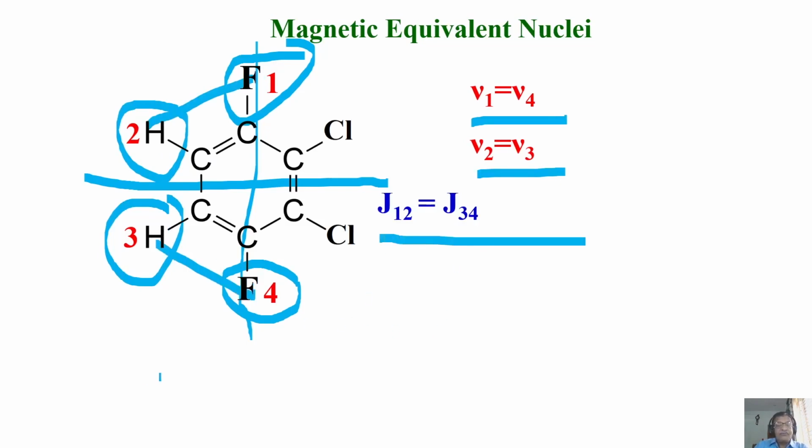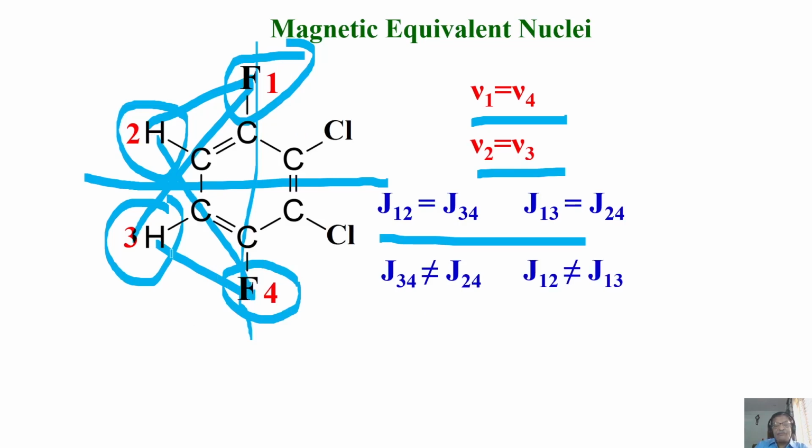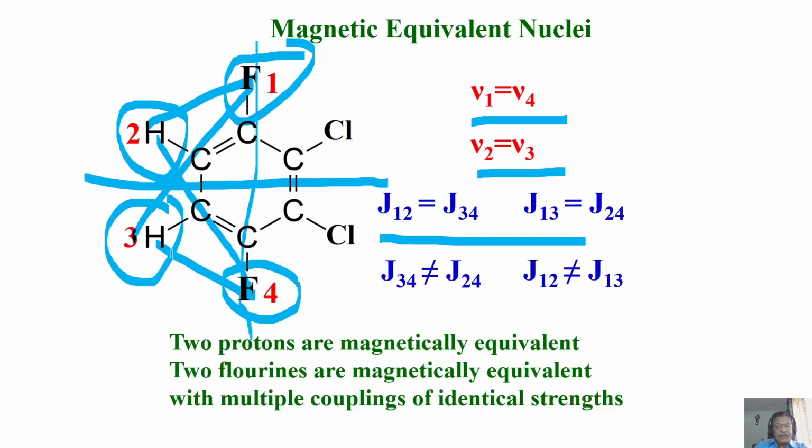That's also true. And J13 is equal to J24, whereas J34 is not equal to J24. Similarly, J12 is not equal to J13. What does it tell? These 2 protons are magnetically equivalent. The 2 fluorines are magnetically equivalent, with multiple couplings of identical strengths.